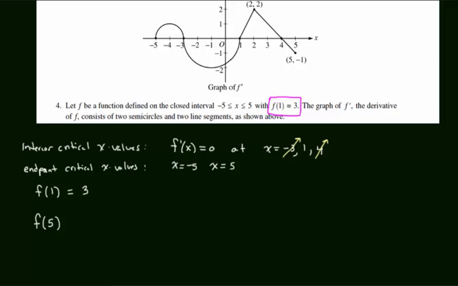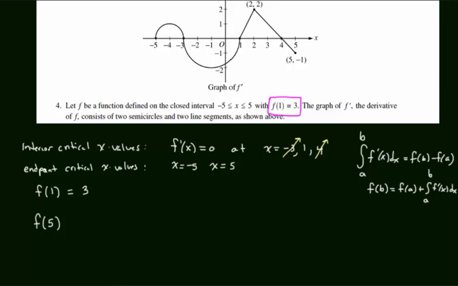So what I'm looking at is the fundamental theorem of calculus that says the integral from a to b of f prime of x is going to be f of b minus f of a. Or, said differently, f of b equals f of a plus the integral from a to b of f prime of x dx.